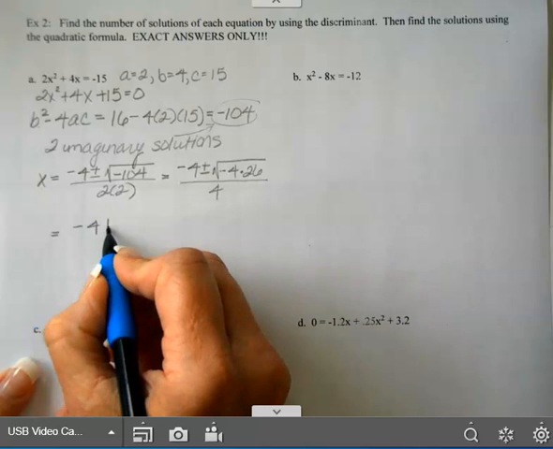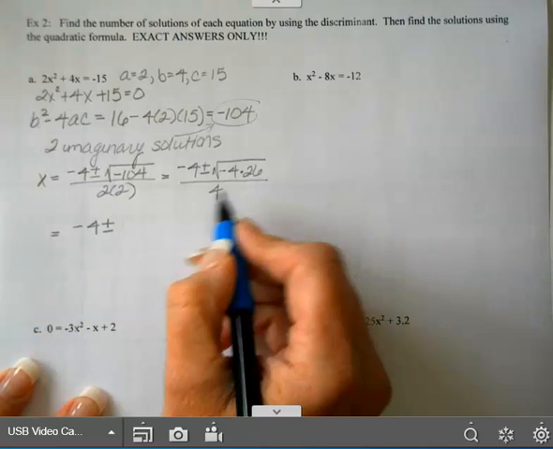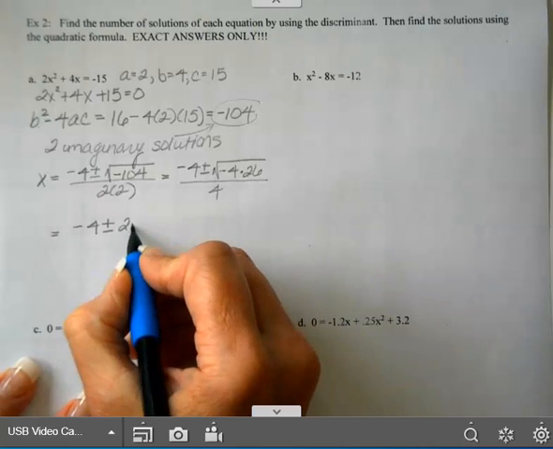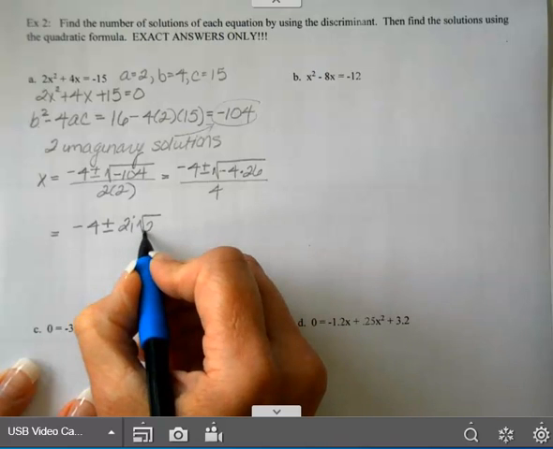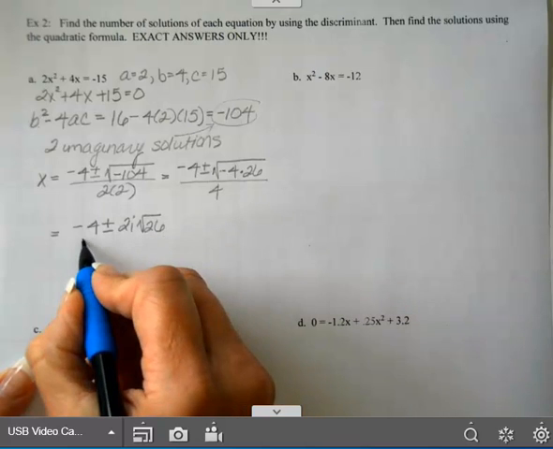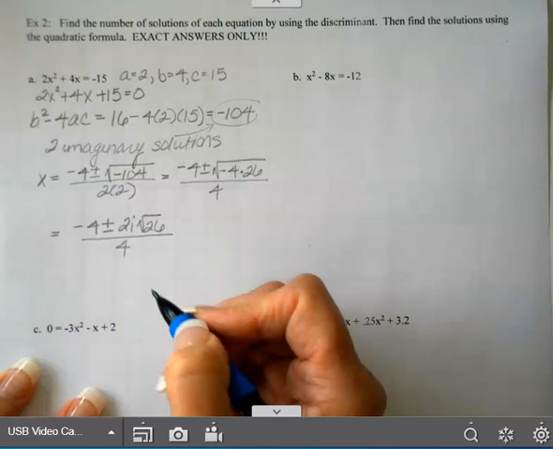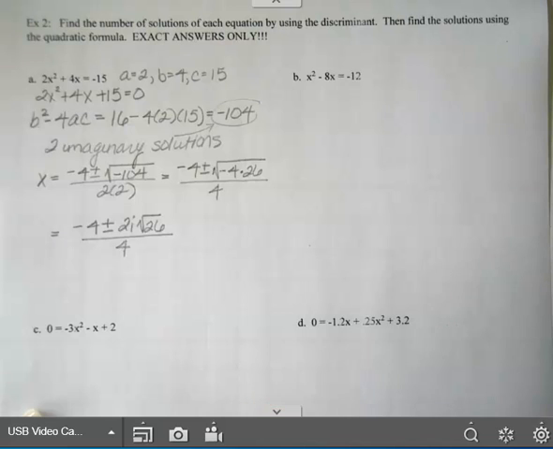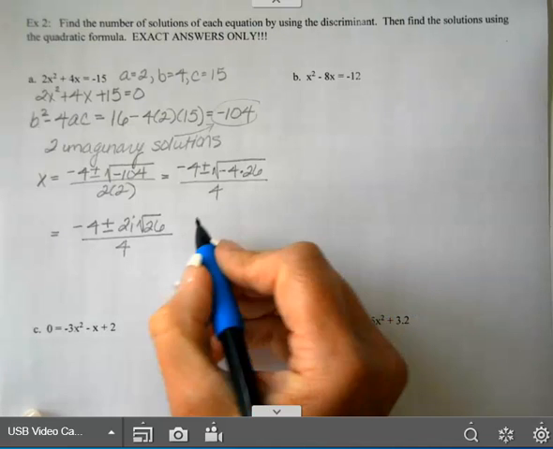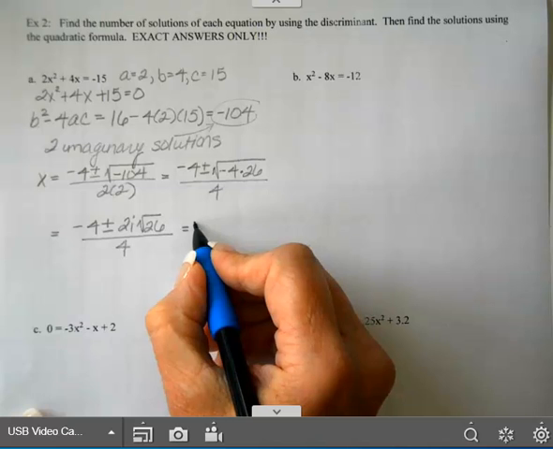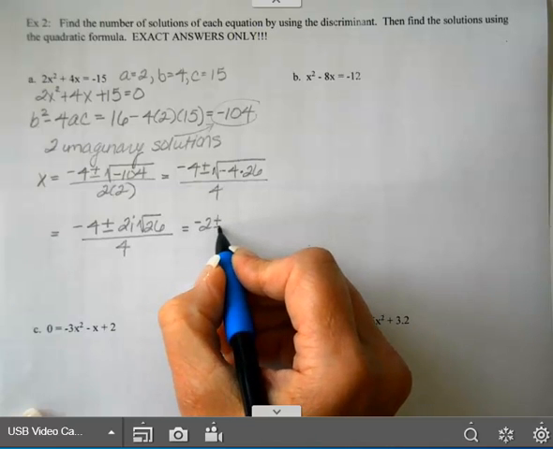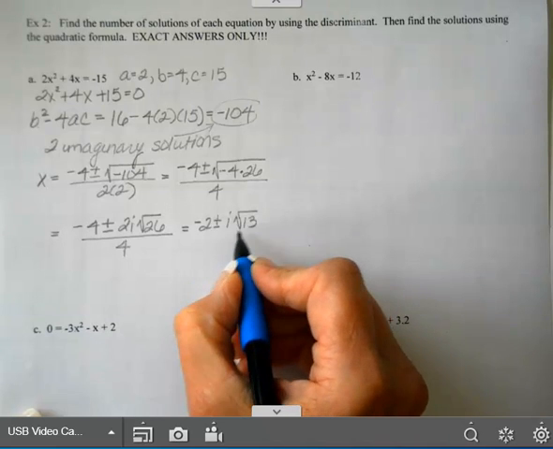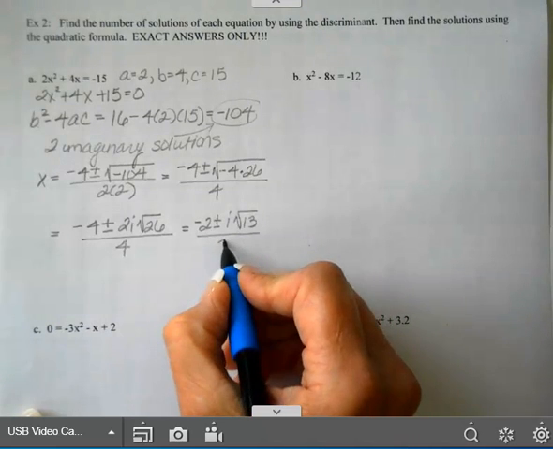Simplifying this, I'll have negative 4 plus or minus the square root of negative 4, which will be 2i square root of 26, and that is all over 4. And I could simplify and divide all of those by 2. And so that will give me negative 2 plus or minus i square root of 13 over 2.